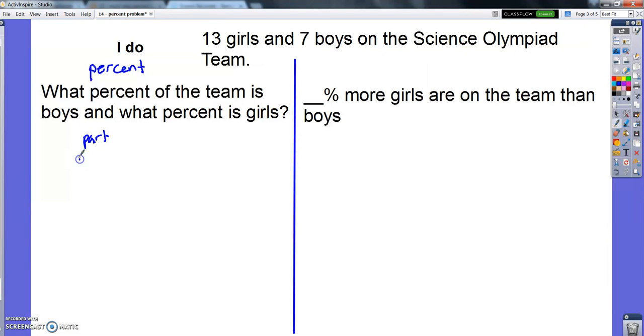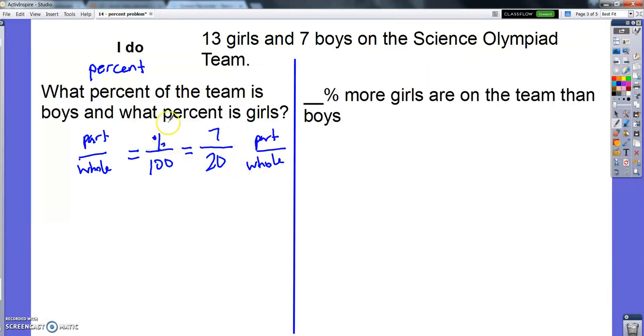With the percent, it's out of 100. So I want to find what percent is boys: the part that's boys is 17, and the whole is everybody, which is 30 kids on the team.